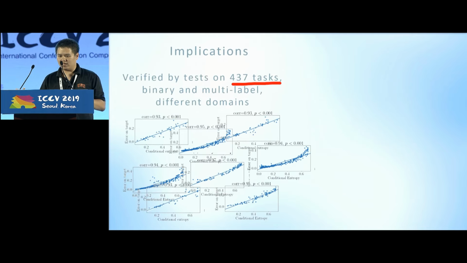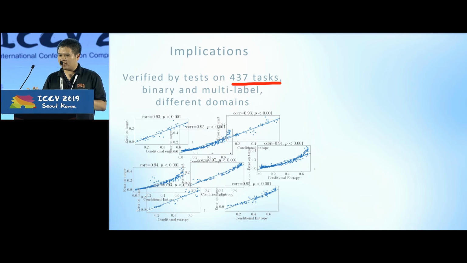We verified it by doing experiments on 437 tasks on different domains, for example, faces, animals, or birds. In all the cases, we see that the error on target is highly correlated to the conditional entropy.